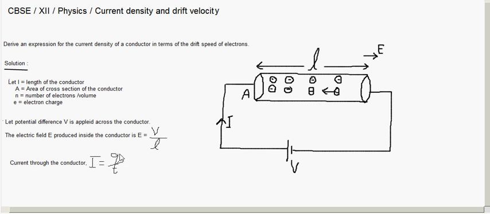Now I'll find out what is the charge on the conductor and what is the time. Total charge Q is the number of electrons multiplied by electron charge. First we will find out the number of free electrons present in L length of conductor.